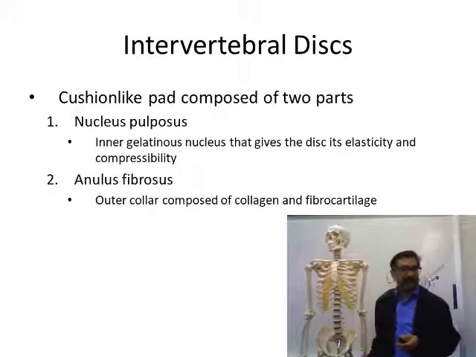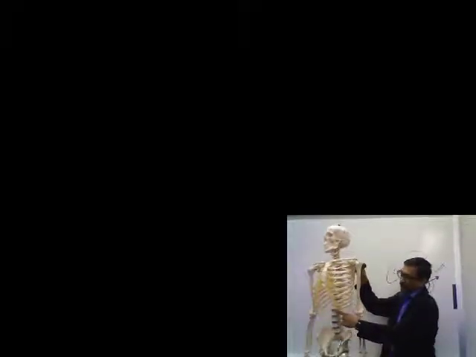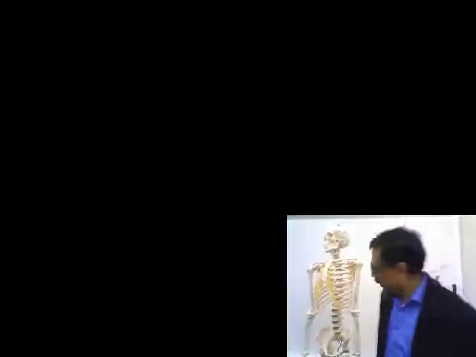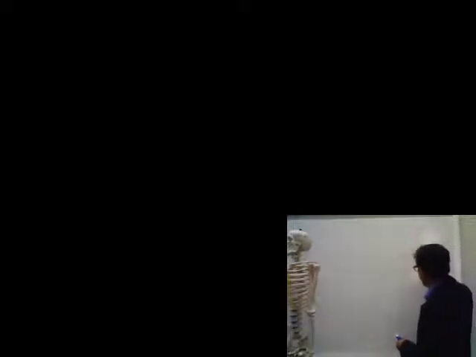Intervertebral discs. In between the vertebrae, you have discs of cartilage. You see here, these are the intervertebral discs. And if you see an intervertebral disc, it has 2 parts, inner part and outer part.